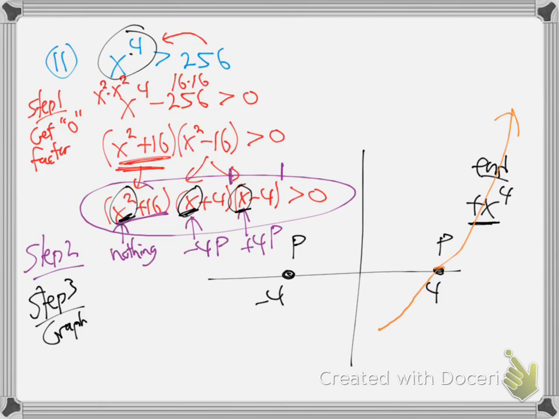If this end behavior term was negative, it would go down. So it's all about the sign on the most powerful term. That's what determines whether it goes up or down in the end behavior. So anyway, it's got to hit here and pass through. It's just a big U. This graph is just a big old U, because it's got to pass through both those points.